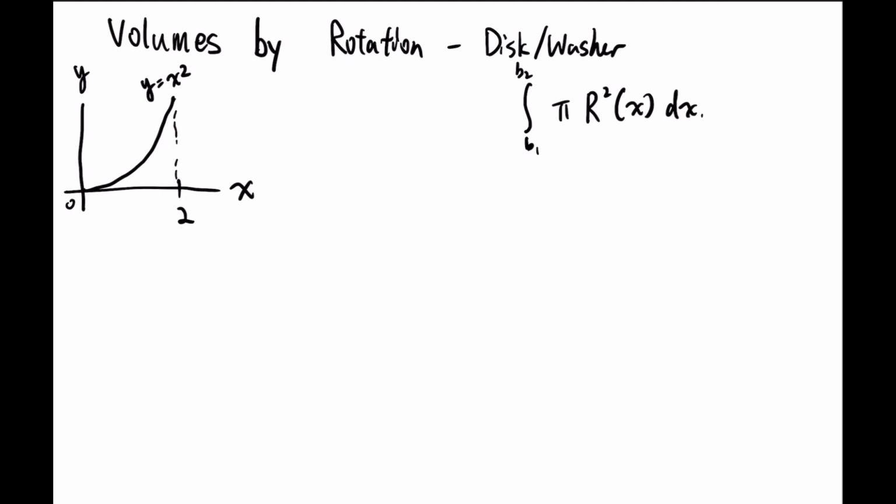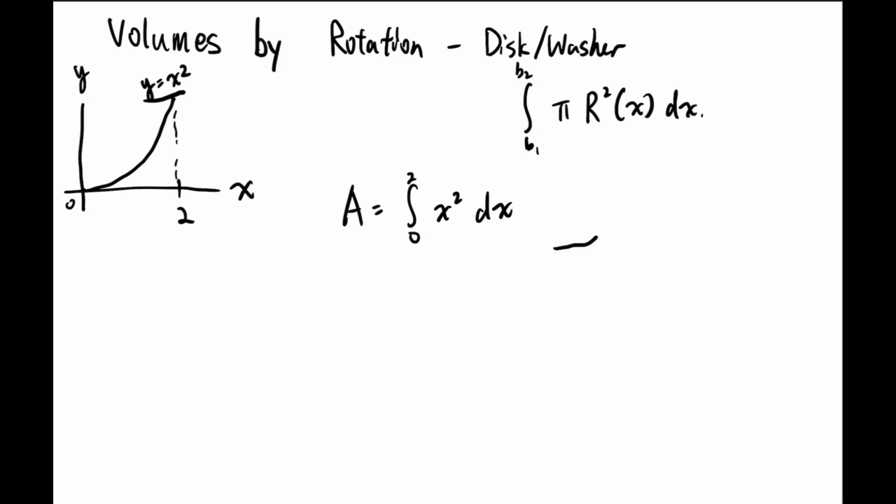So we have a very simple function here, y is equal to x squared, and previously in Calc 1, you guys learned how to find the area bounded by the curve between a function and the x-axis. So just as a quick review, the area would have been the integral from 0 to 2 of x squared dx.